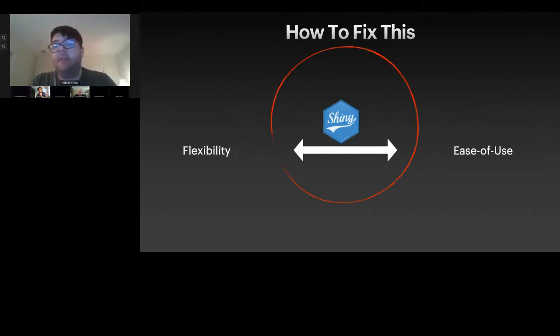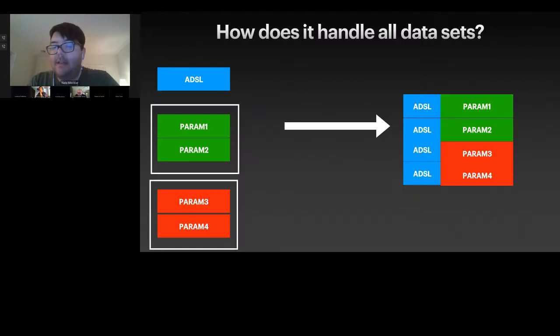How does it handle all your data sets? This is a common question: how does it work for this data set or that data set or another data set? When you're creating an application like this, you have to remember that all ADaM data sets are basically just the same basic data structure. It's just a bunch of params.